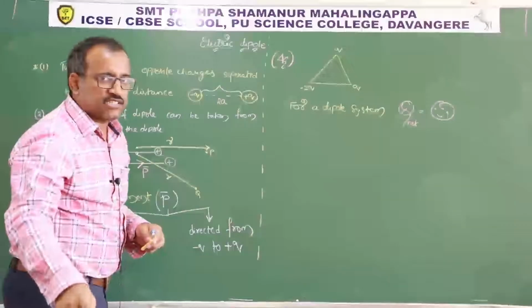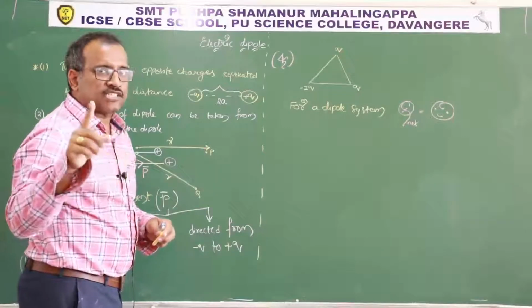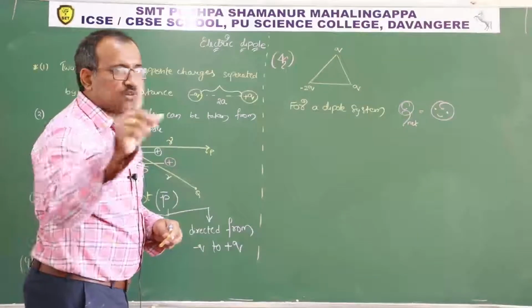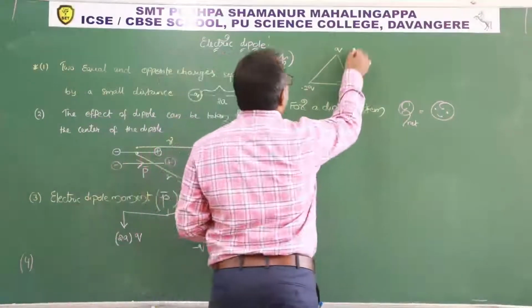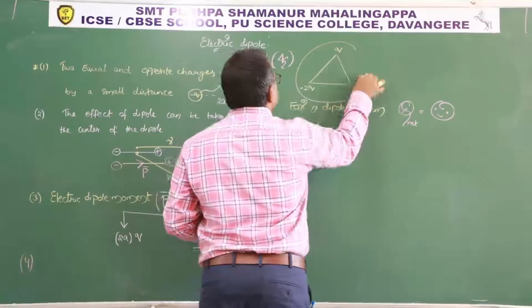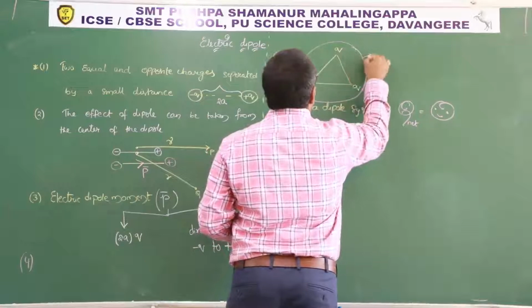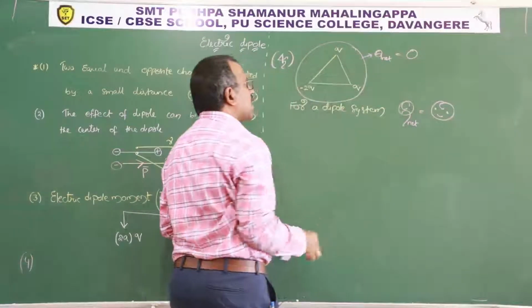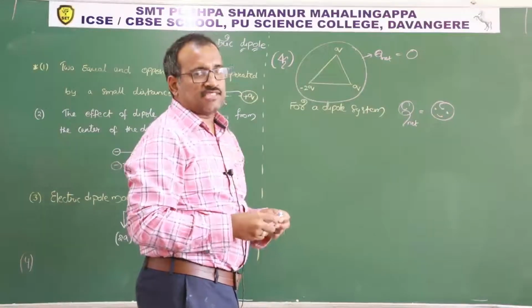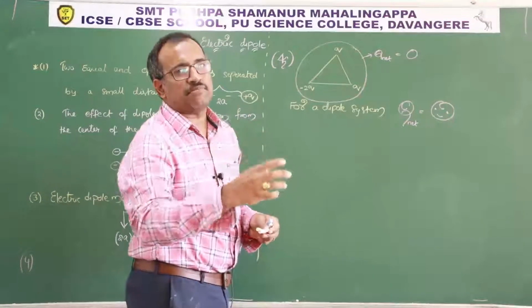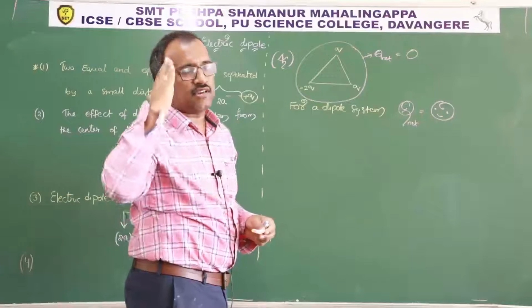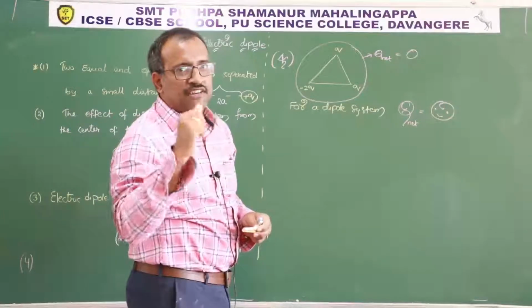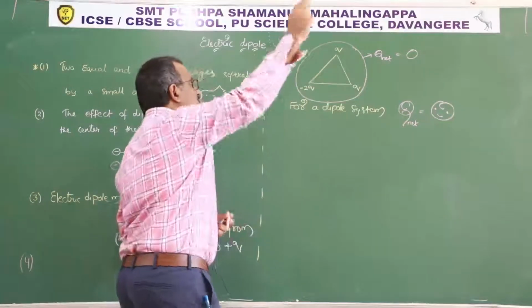Net charge is minus q plus q. Answer will be 0. So if you see here, yes, here also the net charge of this system is 0. Hence, it gives a dipole. No question, no second thought. Please mind it. Okay, done?